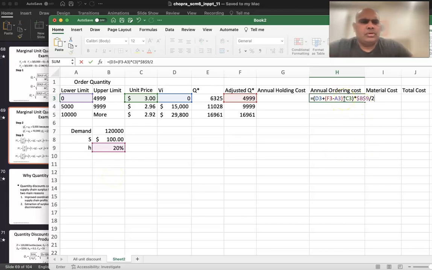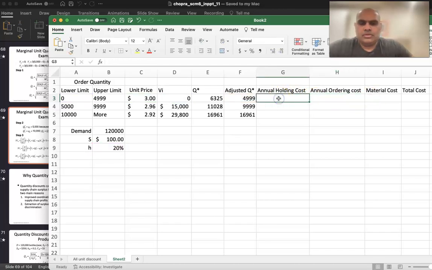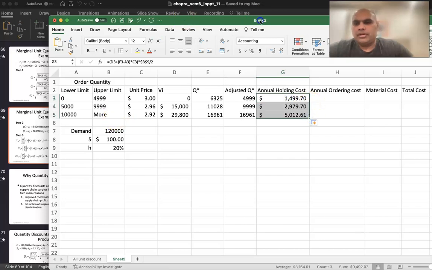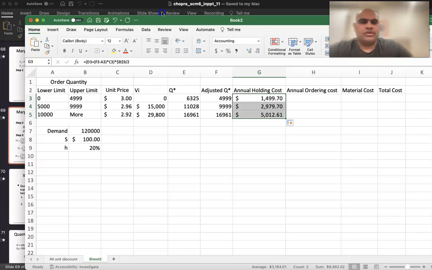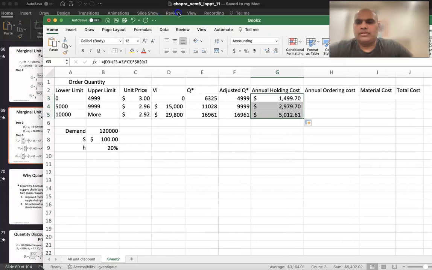So this is the holding cost. So let me put that there, right? Make sure I got the right numbers. No, I guess I can only check overall values.